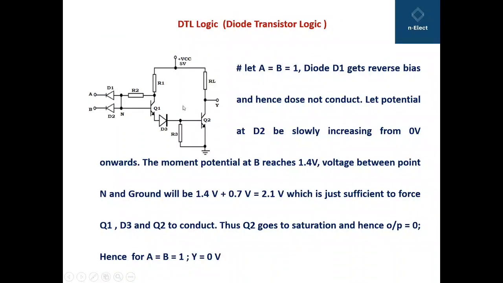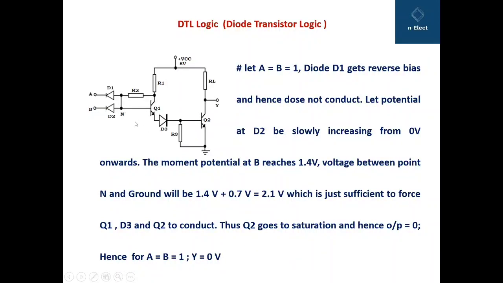Moving on to the last condition. So far as two inputs are concerned, there are four conditions, and we have seen three up till now. Now this is the last condition, when A is equal to 1 and B is also equal to 1. In this state, diode D1 gets reverse biased and hence does not conduct. Let the potential at D2 be slowly increasing from 0 volt onwards.